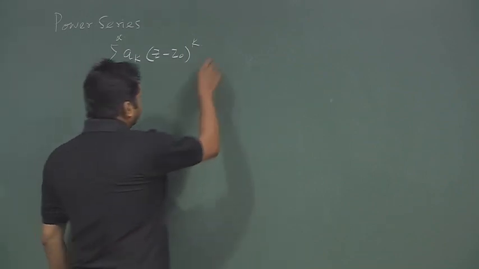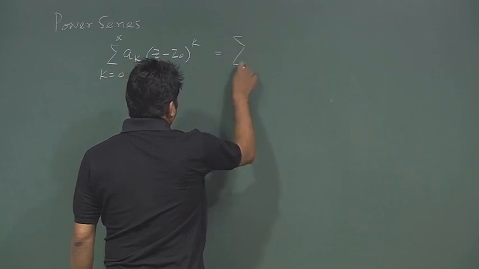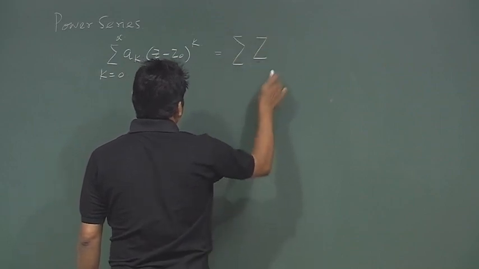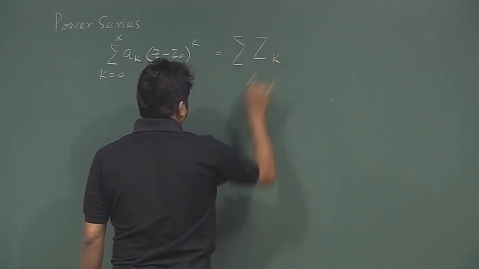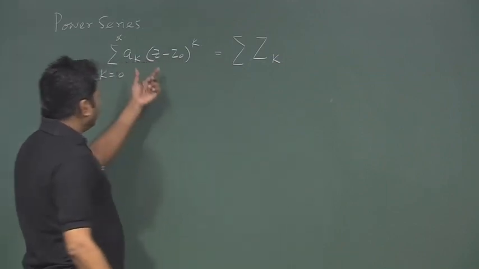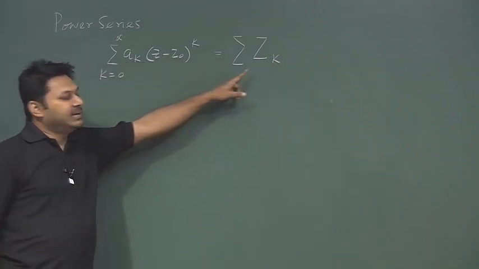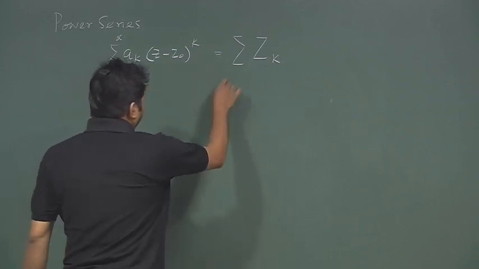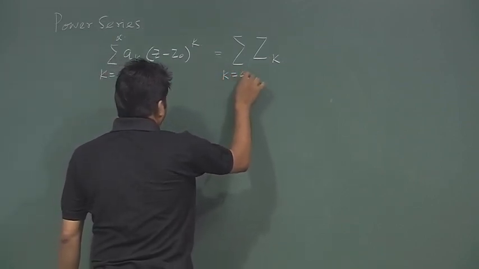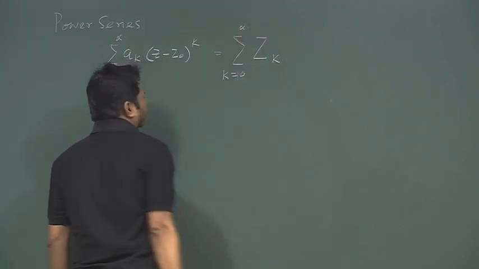So, let me write this series as the sum of big Z_k, where k is 0 to infinity as usual.